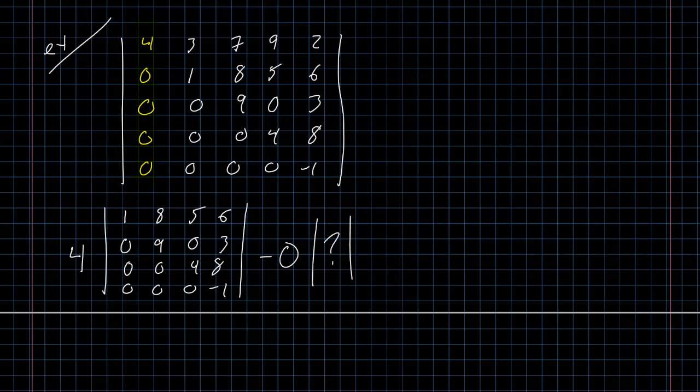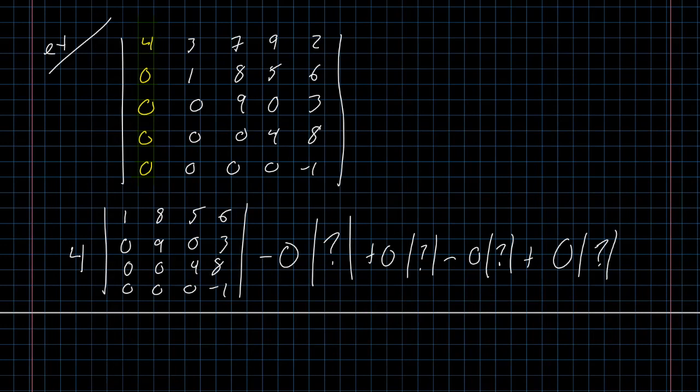I'm going to multiply that 0 times the determinant of a 4 by 4 matrix. But who cares what it is? Because whenever I figure it out, I'm immediately going to multiply by 0. And multiplying by 0 makes the whole thing 0. And then the third entry, plus 0 times something. The fourth entry, minus 0 times something. The fifth entry, plus 0 times something.